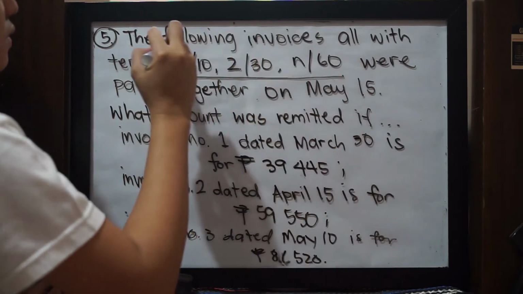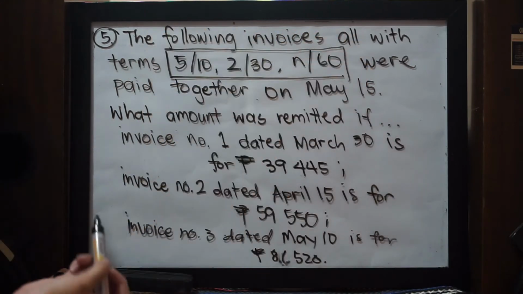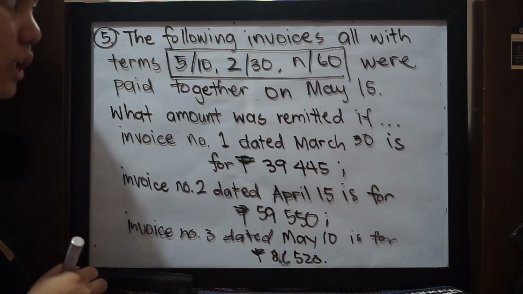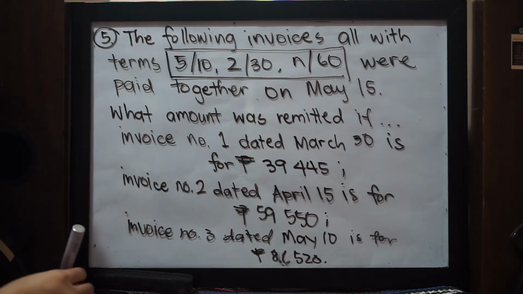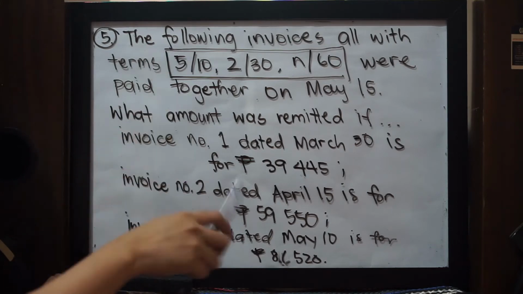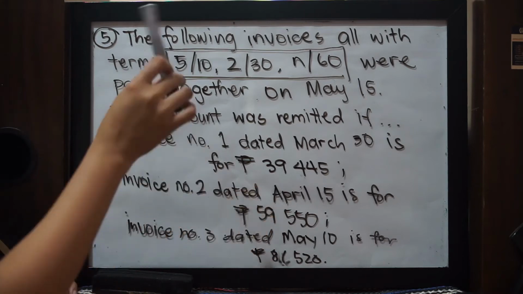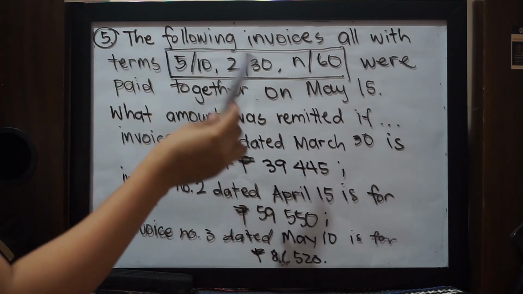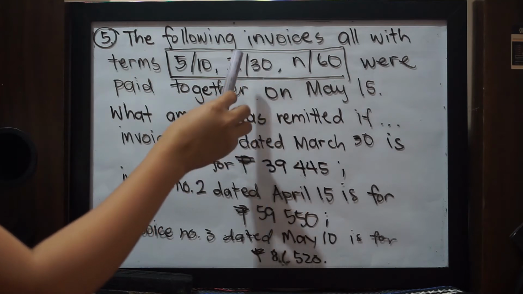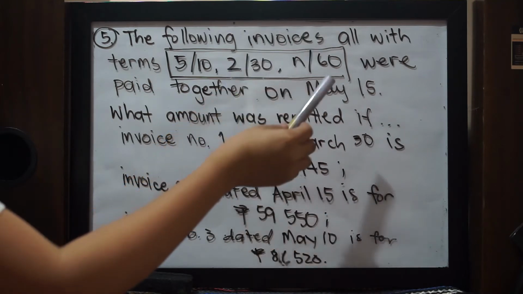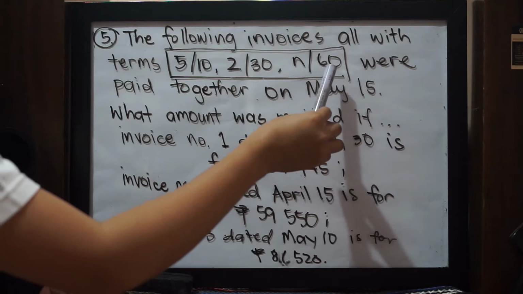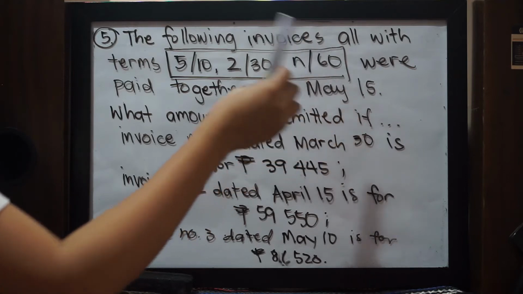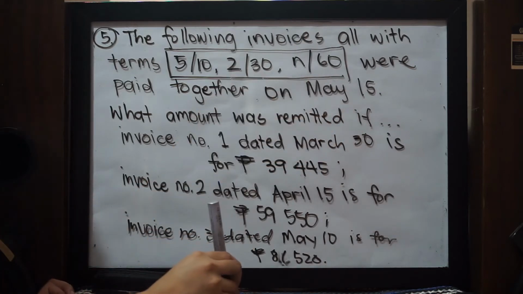this is the given term of discount, 5, 10, 2, 30, and 60, wherein it only means that within the 10-day period, you can avail a 5% discount. Within a 30-day period, you can avail a 2% discount, and the due date is after 60 days from the date of the invoice.